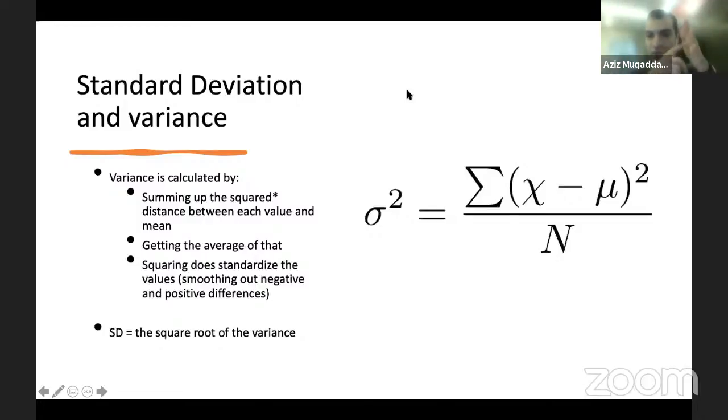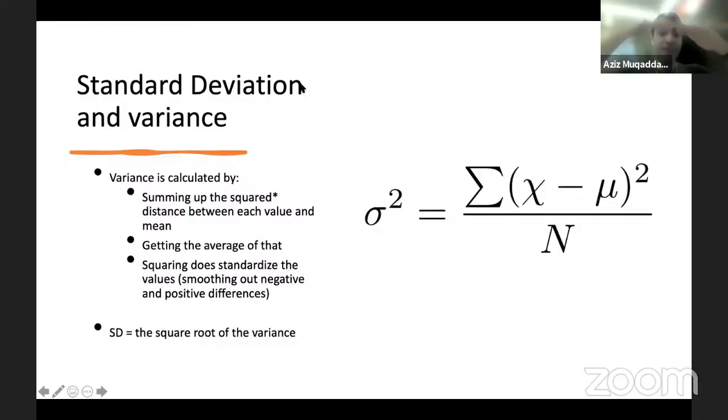Because when you square things, negative times negative becomes positive. You're not interested in direction, you're just interested in how far it is from the mean. So you square them, you get the average of that, and once you get that, you get the number.